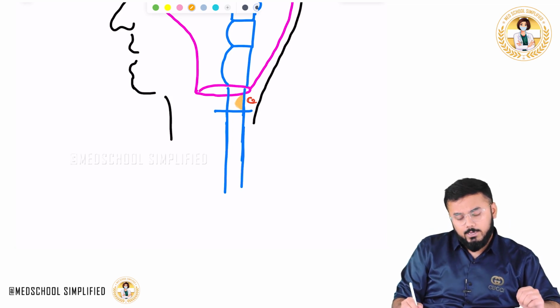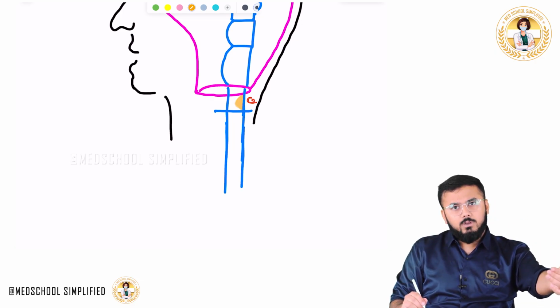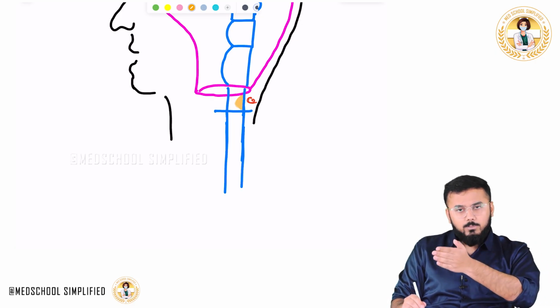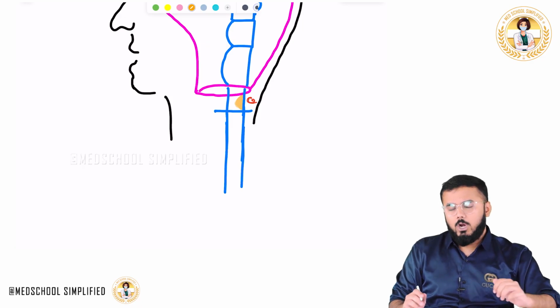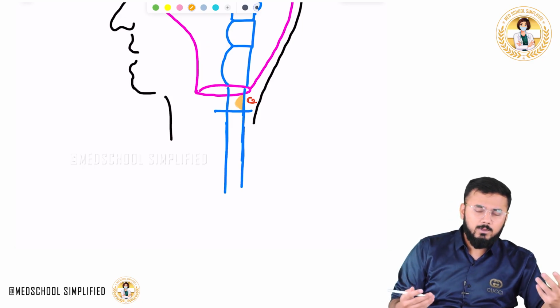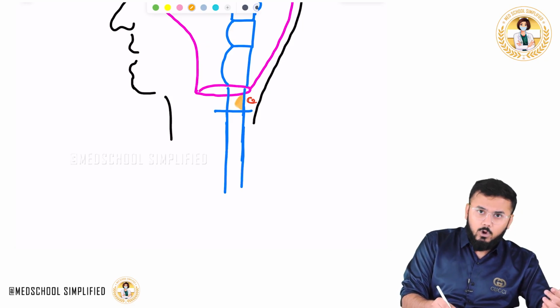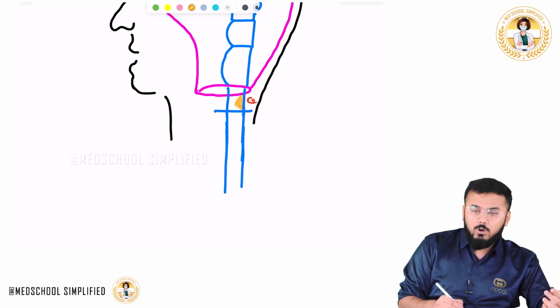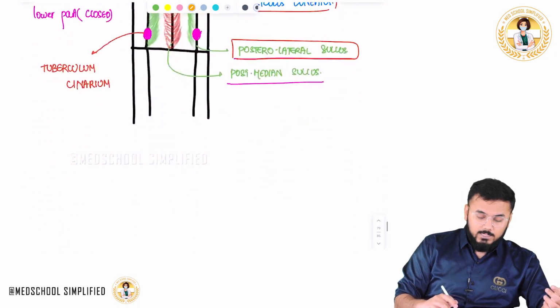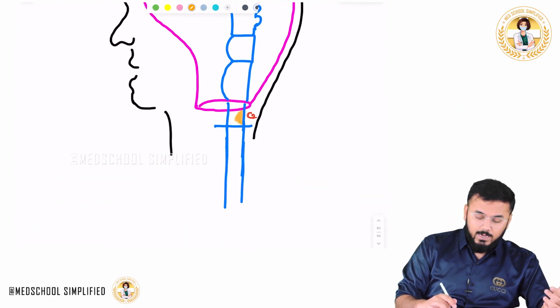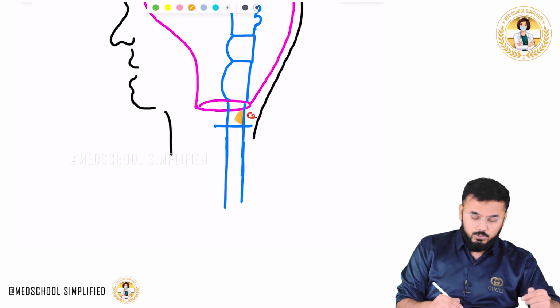Did I draw it in the anterior part of the medulla oblongata, or the posterior part? This is the anterior part of the medulla oblongata, and this is the posterior part. Obviously we are discussing the posterior side right now, so this triangular area, which is called the area postrema, is also present on the posterior side.